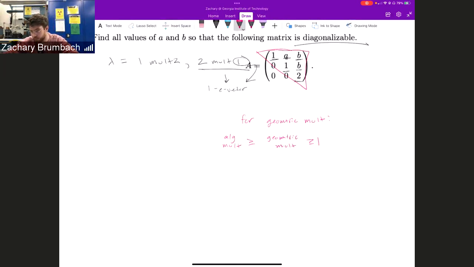For any eigenvalue, all right? So in this case, we have an algebraic multiplicity of 1, we know the geometric multiplicity has to be greater than or equal to 1 as well. So it has to be 1, and the two are equal, therefore this satisfies our condition for diagonalization, okay? So the 2 part we already know is set. All of that just boils down to, because we know it's triangular, and we know 2 sits on that diagonal, and it only happens once, we know it has an eigenvector, okay?